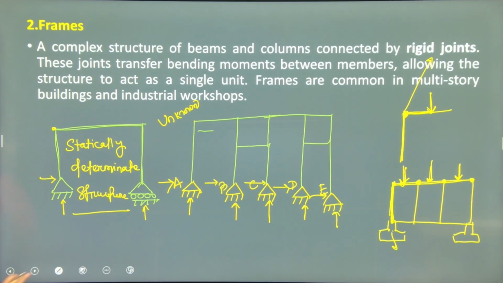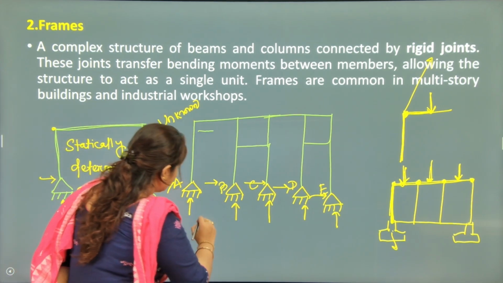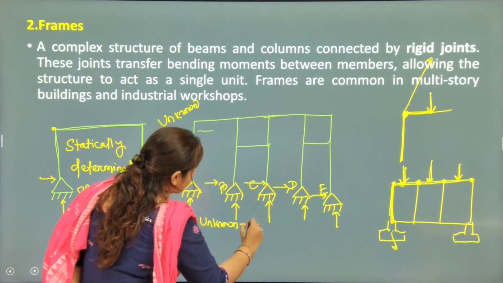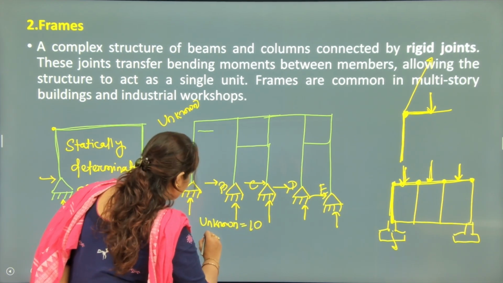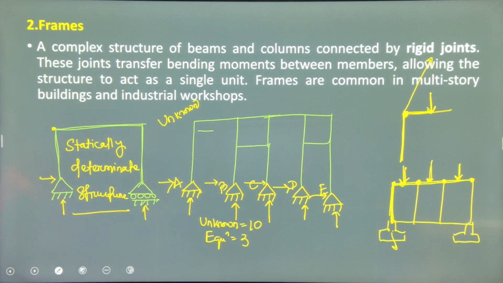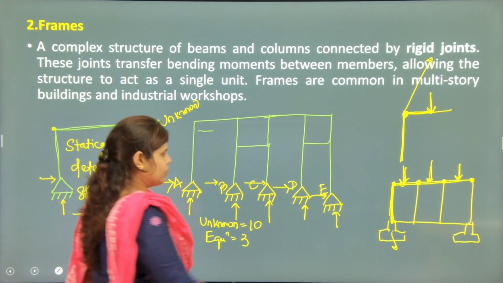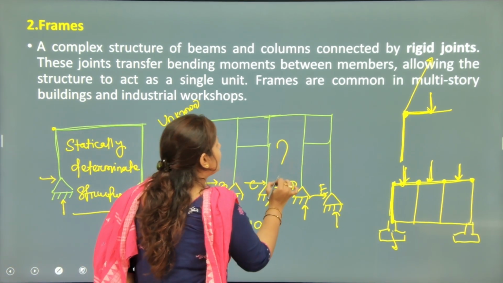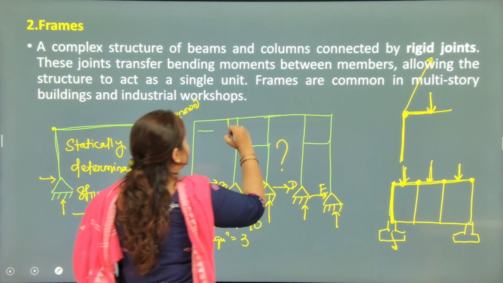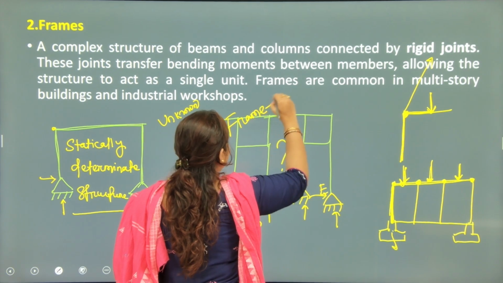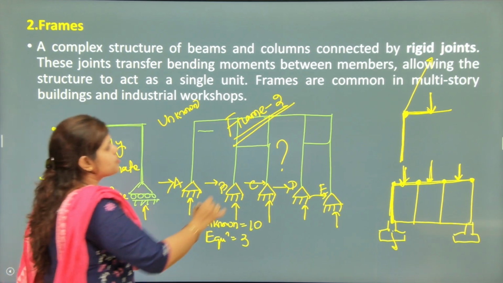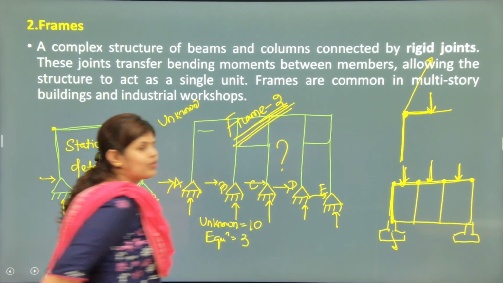We will have two reactions at each support. So here we will have 10 unknowns and 3 equations of equilibrium. You can say in the comment section what kind of structure it is. Okay, I have drawn this frame, this is your frame 2. Make sure you find the answer, what kind of structure it is.